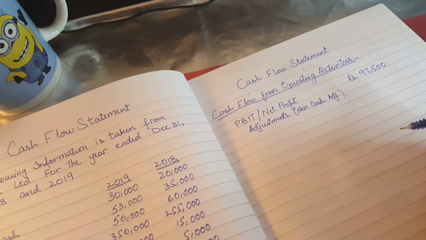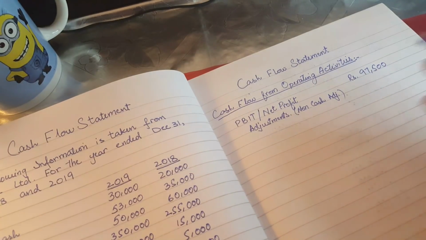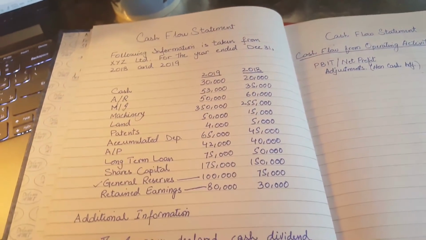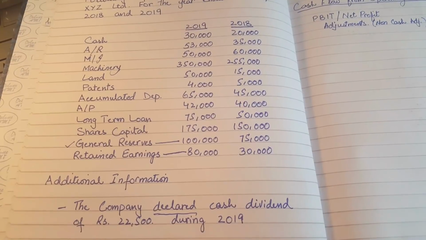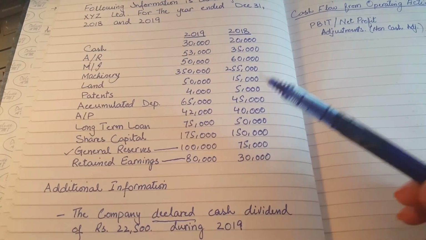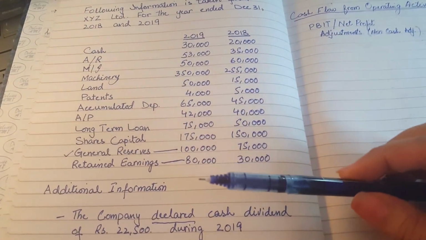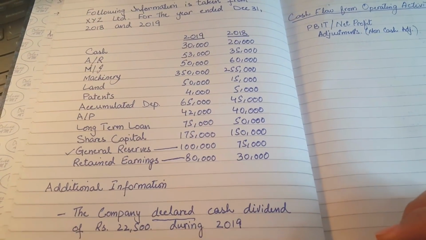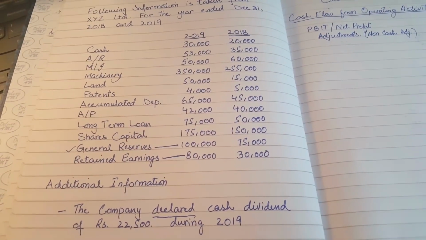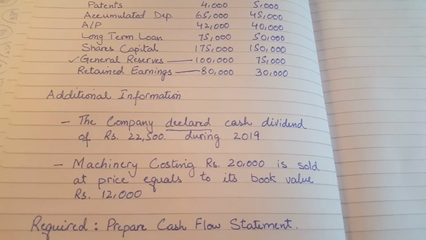So guys, the first non-cash item that we have in our question is depreciation. But whenever you are dealing with depreciation, you have to be extra careful, because in most questions additional information regarding machinery, fixed assets or depreciation is given. So whenever you are dealing with depreciation, always carefully read the additional information.